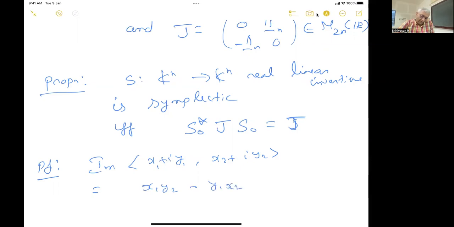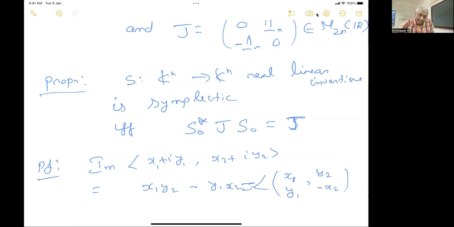Which is equal to the real inner product between them: x1, y1 and y2 minus x2.